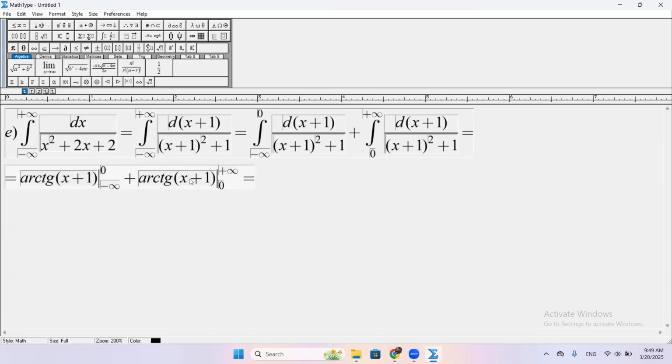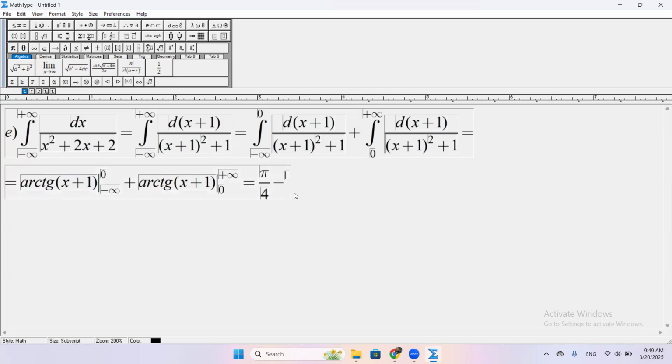So arctangent of 1 is pi over 4. And so if I substitute minus infinity, arctangent of minus infinity is minus pi over 2.